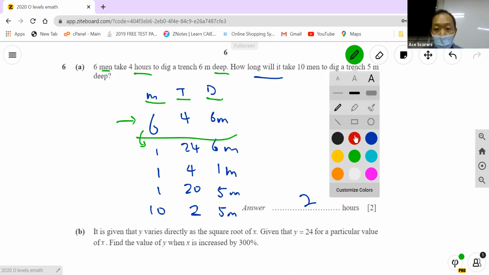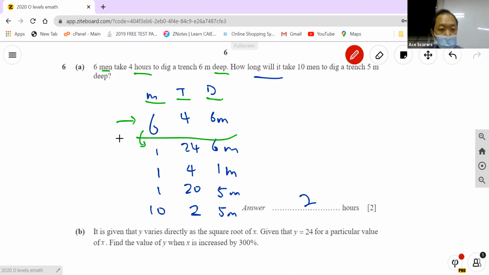So if I divide here by 6, this guy must times 6, because it's inverse. Now, why am I doing this? Because I want to reach the destination of 10 men and 5 meters. So I go all the way to 1. Next, once I got 1 man, I also want 1 meter. So here divide by 6.